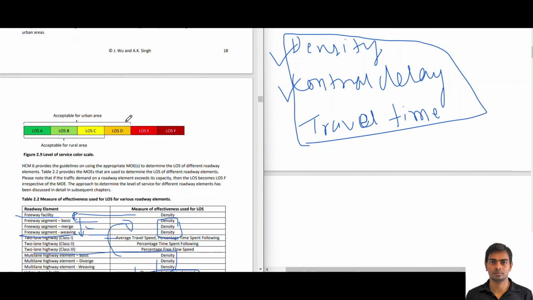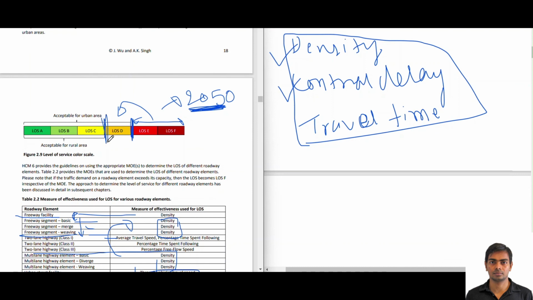For urban areas, the acceptable level of service is usually D. If we cross the threshold of level of service D, then we need to increase the capacity or do something to bring the level of service back to level of service D for urban areas. Typically we are working for the future, so let's say we have a demand for 2050, so we need to bring that level of service under the acceptable level of service for the year 2050 or 2054, depending on what our design year is.